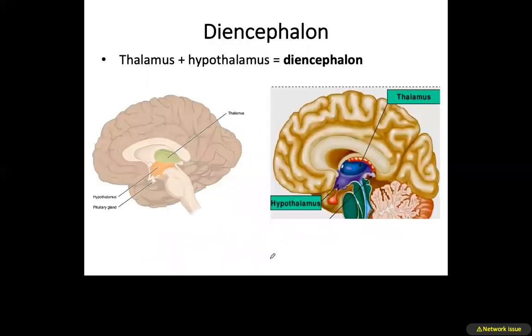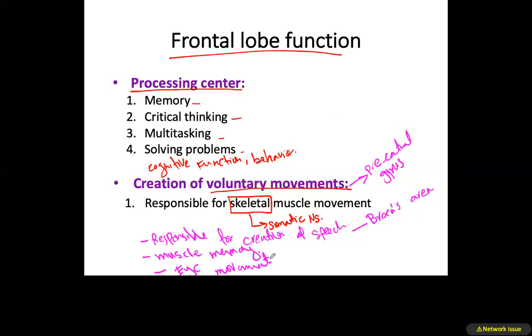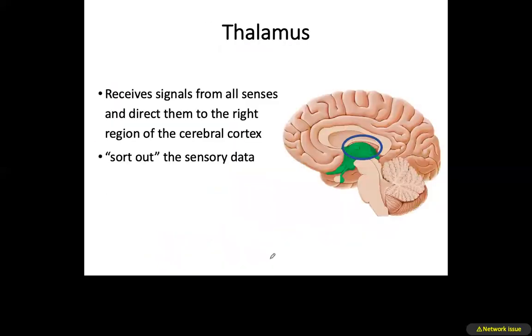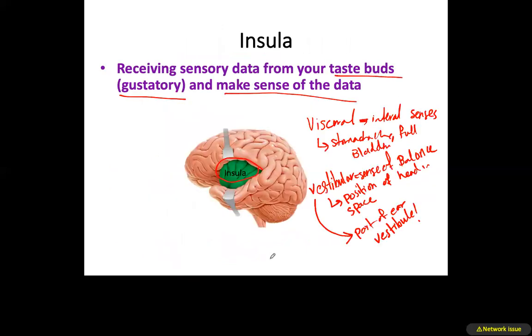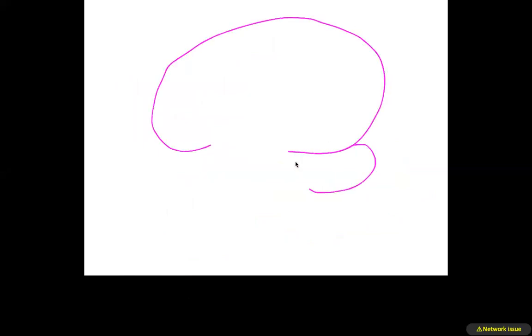The other thing that I wanted to add is if I specifically ask you what part of, sorry, I'm looking for my drawing. I guess I lost it. When I think about your frontal lobe, let me just draw my quick brain again. So here's my brain, here's my cerebellum, which marks the back.